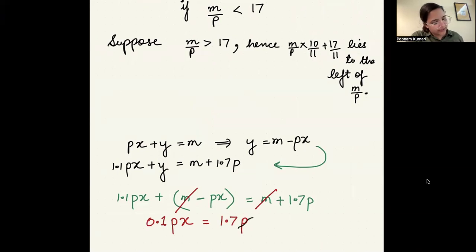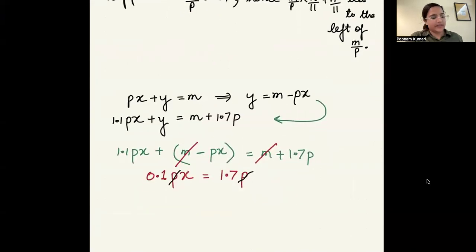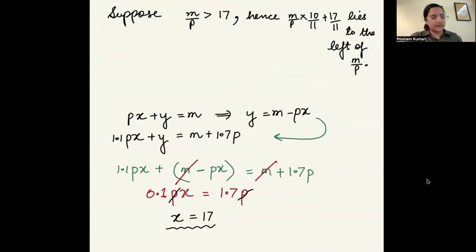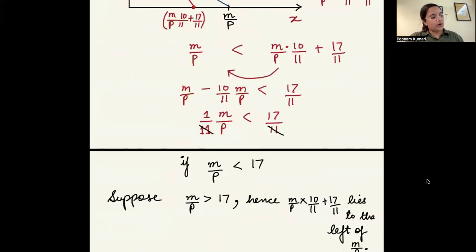So this also gets cancelled. And what is the value of x? 17. So where is this intersection happening? At 17, right? So what can I say?